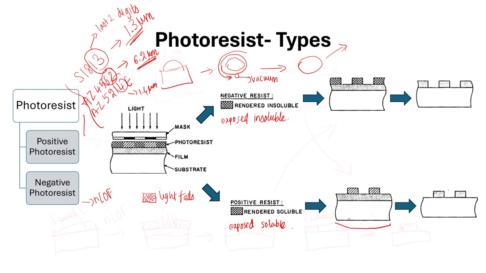So in positive photoresist, wherever light falls, it will get dissolved. Then we can transfer the pattern to the substrate. In the case of negative photoresist, wherever light falls, it will remain insoluble. Wherever light does not fall, it will get dissolved. Sorry for the confusion.